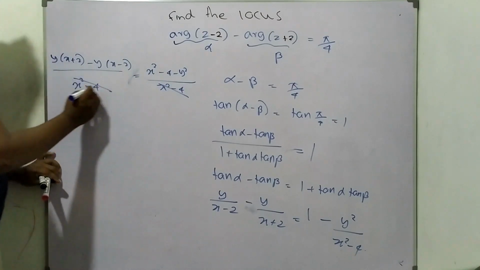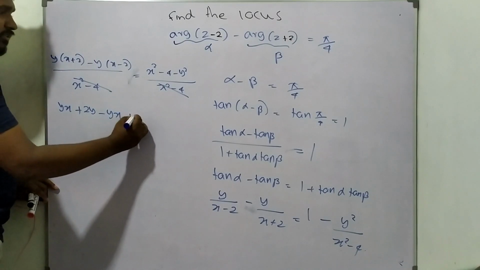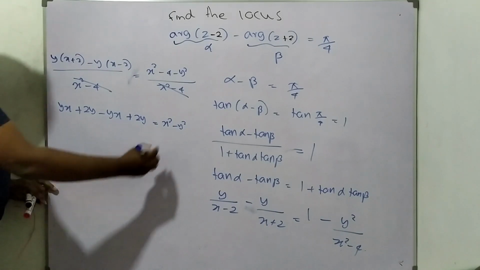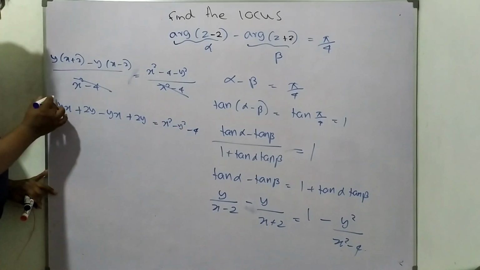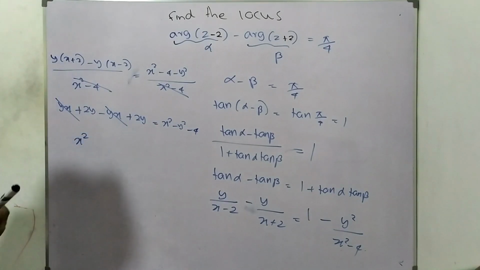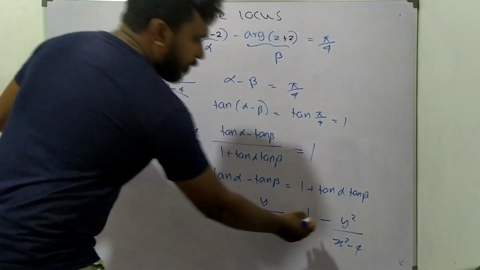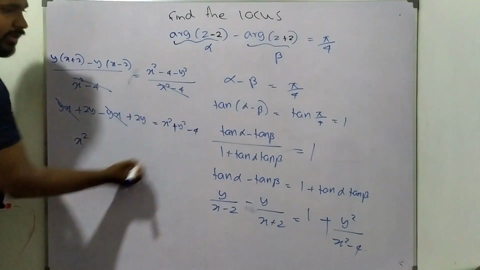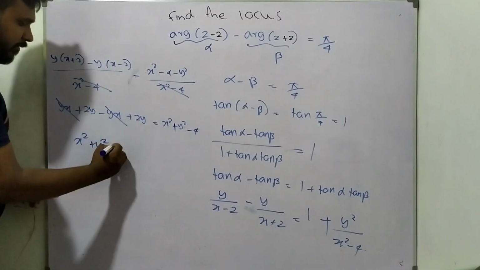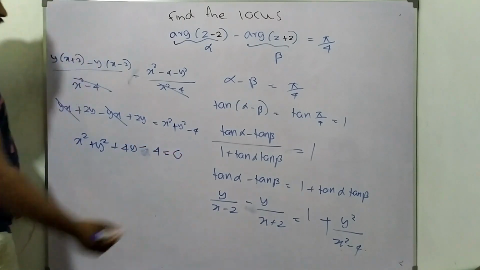So yx cancels. I'm sorry, here it's plus. So x squared plus y squared minus 4y minus 4 becomes 0, right?